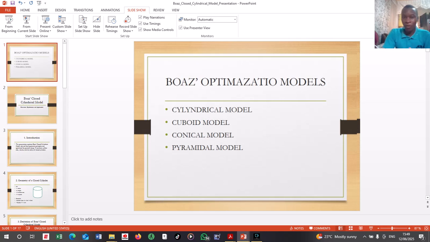There are so many more to do with the cuboid model, conical model, and pyramidal model, and each of them has the open and the closed system. So there is still much more that I have to share, so that it may be known and published, so that engineers can use these models, and companies can use the economical models to make much more profit.